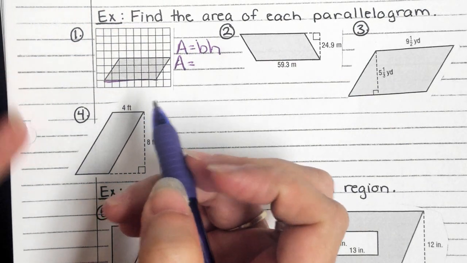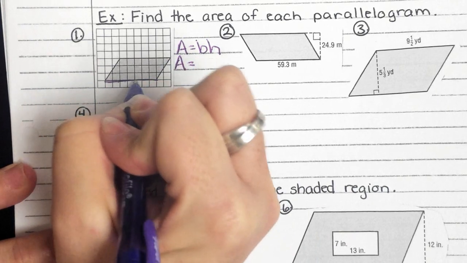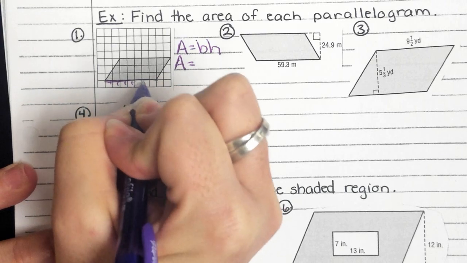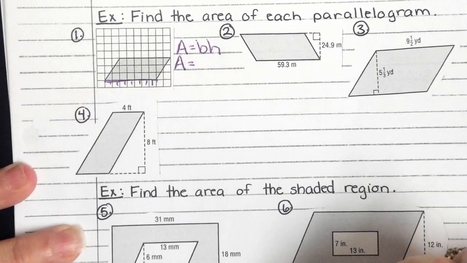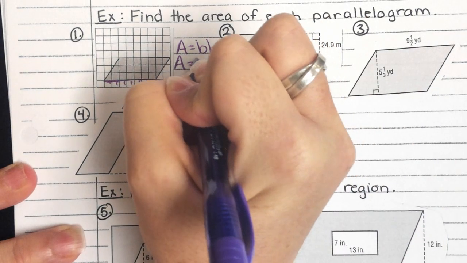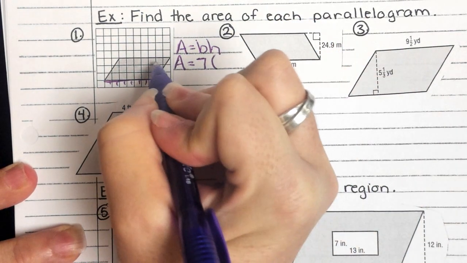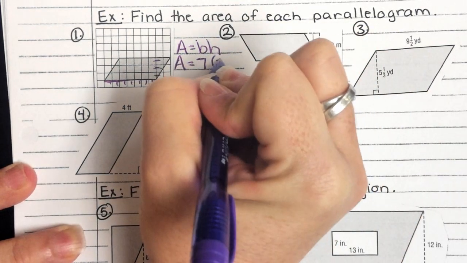You count the number of squares going across. So it's 1, 2, 3, 4, 5, 6, 7. Do you see how it stops right there? So it's going to be 7 for the base. And then the height is 1, 2, 3.